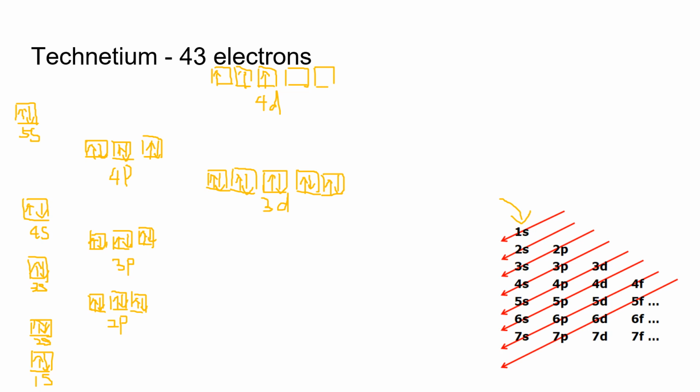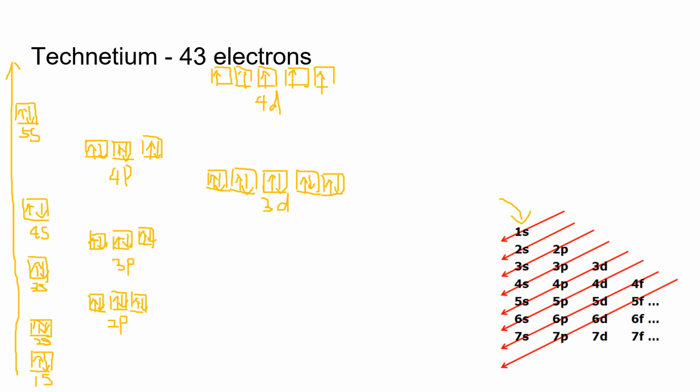So this is 39, 40, 41, 42, and 43. So in this case, we are finished. That's the final answer for the energy level diagram for this element we were asked to draw. And these are the directions of the energy.